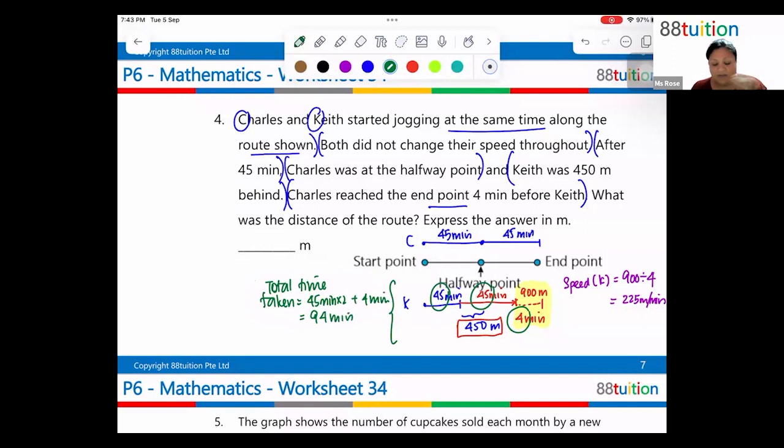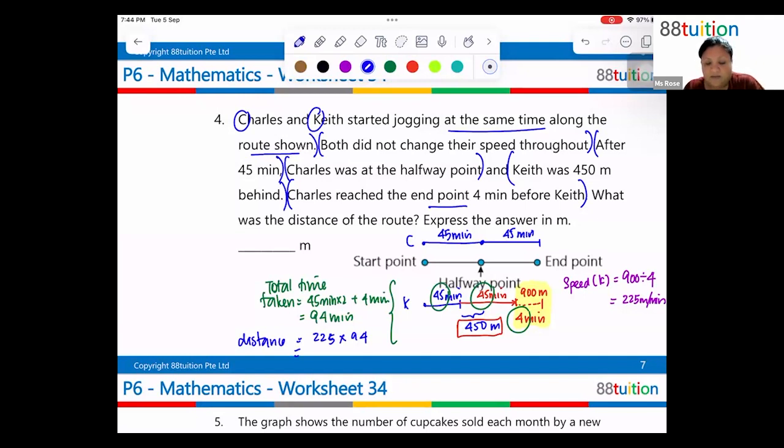So I have the distance, I have the time taken and I have the speed. Can I find the distance? So the distance is equal to speed, 225, times time. Thank you, Yashika.